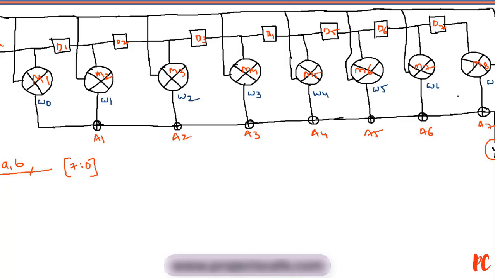If you could observe, we had designed a single Wallace stream multiplier and will be calling it all the 8 times. And the Wallace tree that we have designed has an output of 16-bit. So let me take W values from 0 to 7, which are of 16-bit, nothing but 15 down to 0.